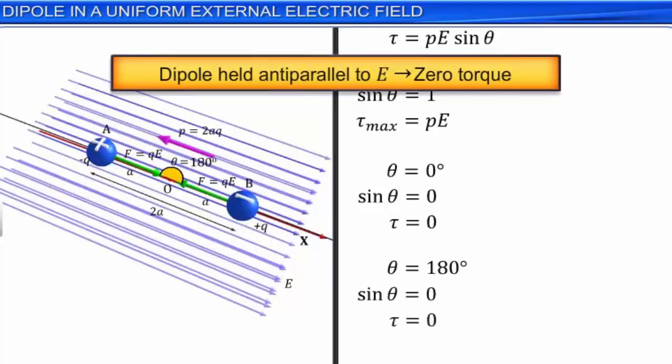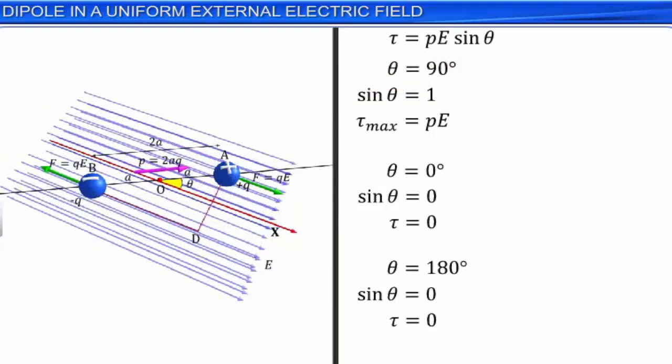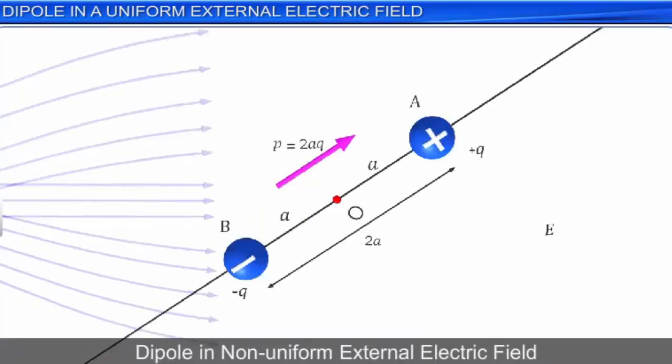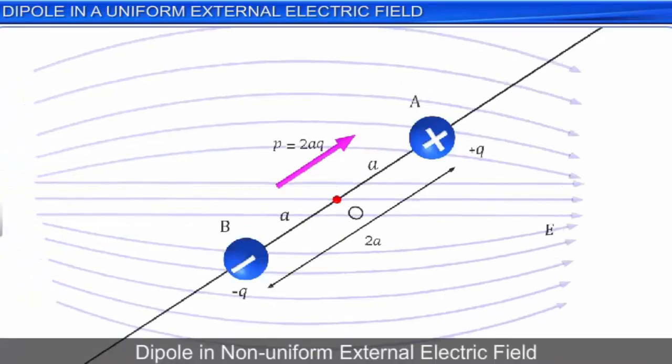From this discussion, we see that the expression tau is equal to pE sin theta will be valid only when the dipole is in a uniform external electric field. But when it is placed in a non-uniform external electric field, then the charges plus q and minus q of the dipole do not experience equal and opposite forces.